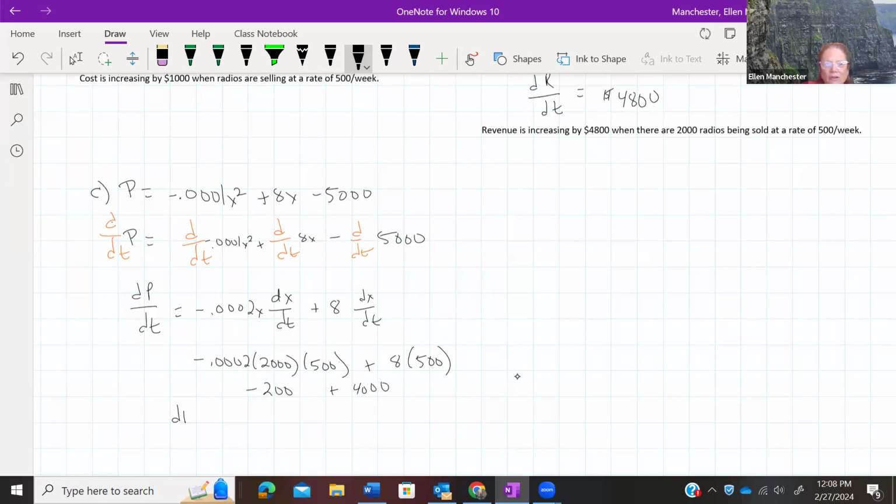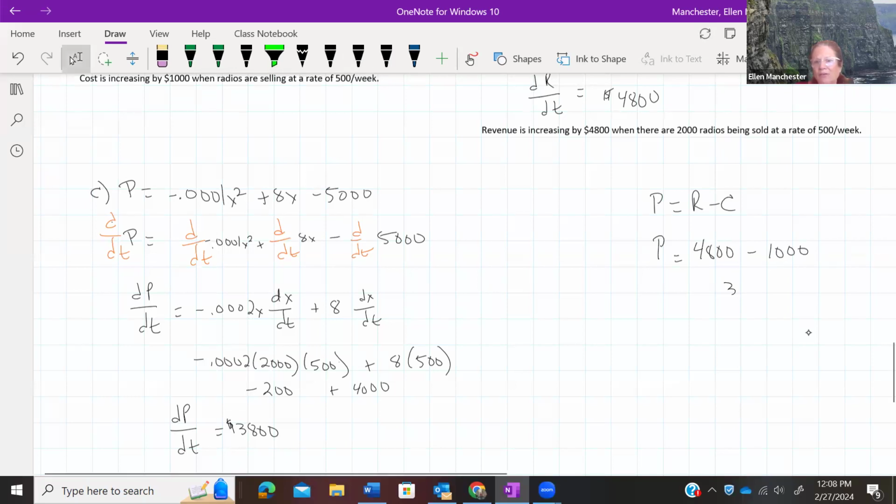And there it is. Our profit is changing and increasing by 3,800, which makes complete sense because if profit is revenue minus cost, if my revenue is changing by 4,800 and my costs are changing by 1,000, that makes complete sense.